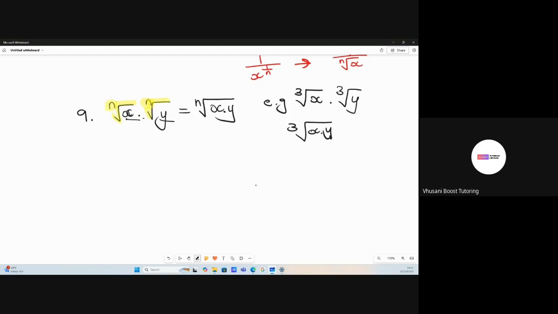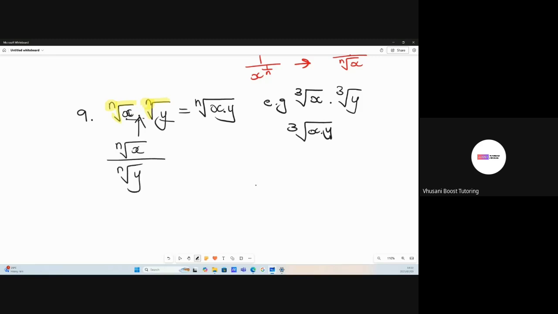And remember, if this works for multiplication, then for division it's just the same thing. Let me show you this one for division. We'll have the nth root of x divided by the nth root of y.